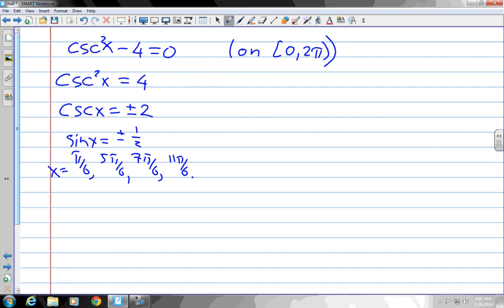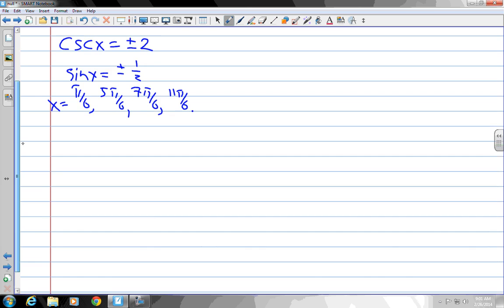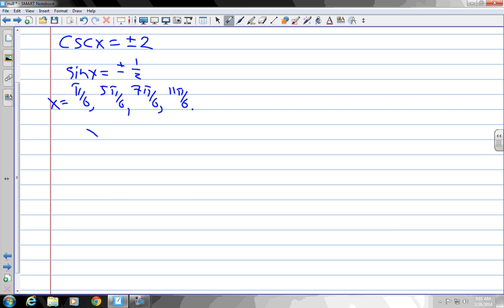If the question was in degrees, if the question was find solutions between 0 degrees and 360 degrees, then you would say you have 30 degrees, right? Then that's 150. Then this is 210. And the last one is 330 degrees, right?